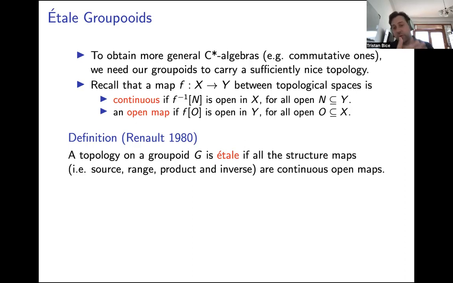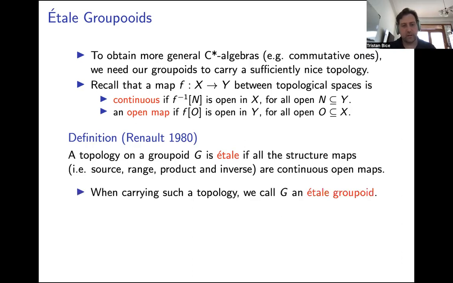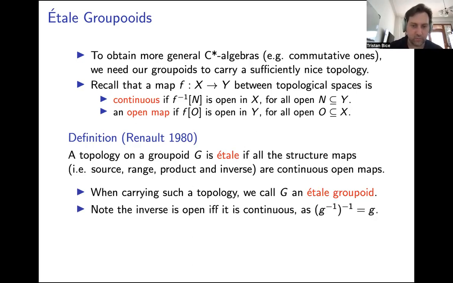Otherwise you won't be able to define convolution, and you won't be able to find the C-star algebra in a reasonable way, not without working with more complicated things known as Haar systems. But we don't want to talk about those here. Okay, and when we have a groupoid with such a topology, with an Étale topology, we naturally just call it an Étale groupoid.